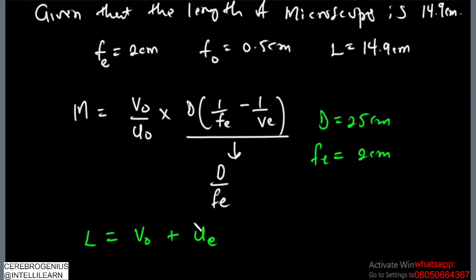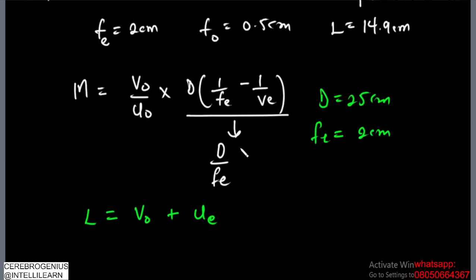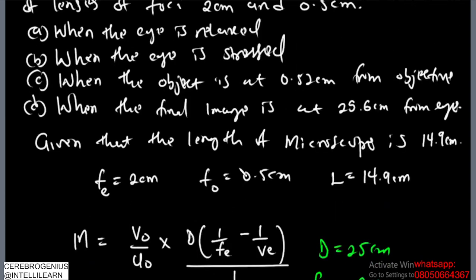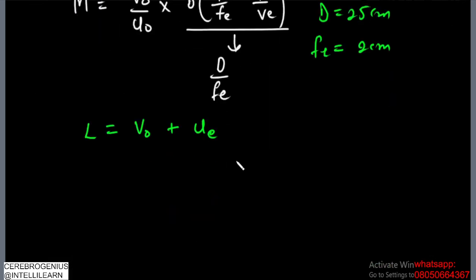Now in this case, since the eye is relaxed, it means the final image is at infinity, right? So if the final image is at infinity, that means the eyepiece is forming the image at infinity. So what it means is that the object is at its focus. So that means that our ue is going to be equal to fe.